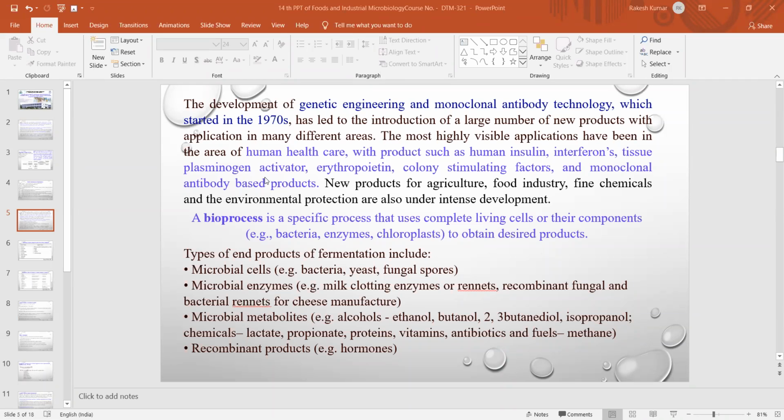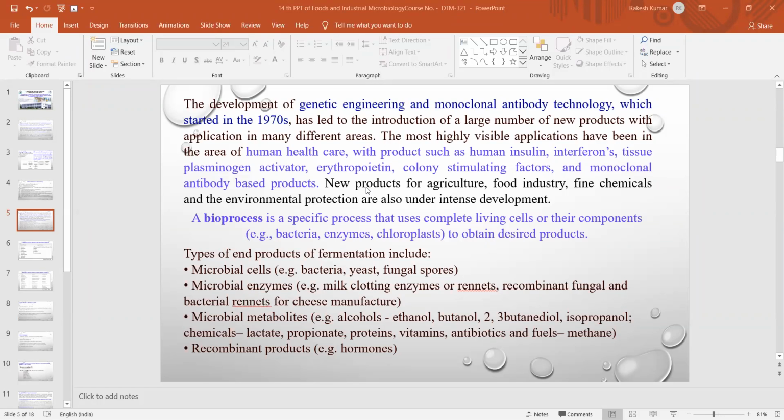So people have started utilizing the genetic engineering process in a number of different ways and benefiting from these bioprocessing tools. If you talk about new products in agriculture, the food industry, fine chemicals, and environmental protection, everywhere you can see the use of different types of bioprocess methods.